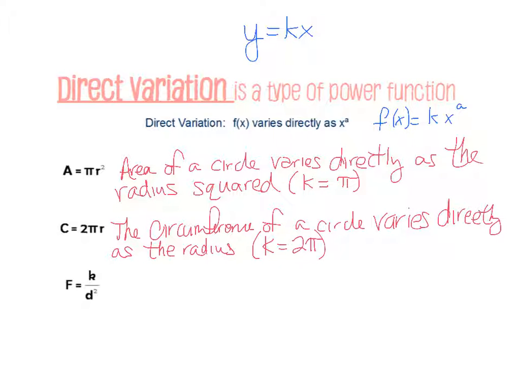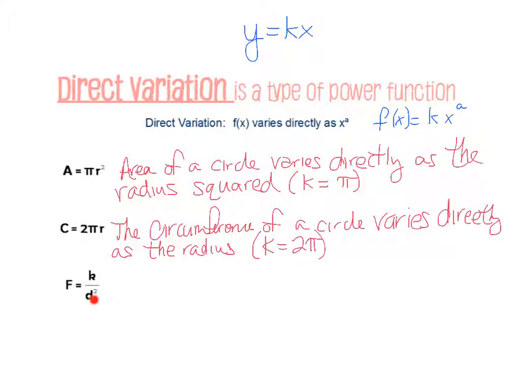Last one. Notice on this one, I don't know what this formula really stands for. There are some letters. I'm sure it means something. I just grabbed it from the textbook. If you don't know what it represents, then you can just write the letters and you don't have to actually put the words of what they mean, like circumference and radius and such. What I do notice on this one, though, is that my variable is in the denominator.